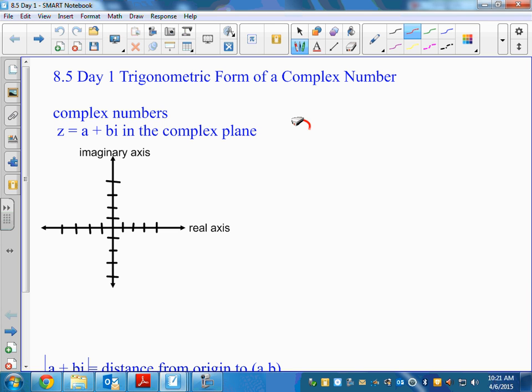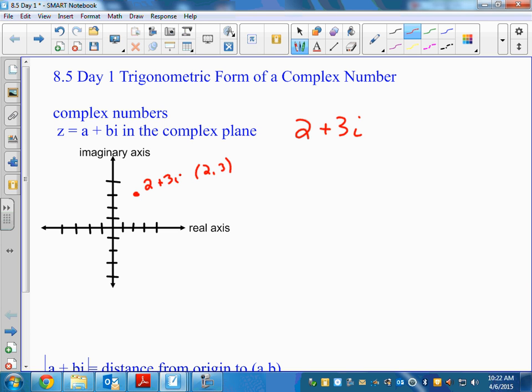Like, what if I wrote the number 2 plus 3i? Then the real part would be 2, and the imaginary part would be 3. So I could say I'm going to go 2 on the real axis and 3 on the imaginary axis, and that would be 2 plus 3i, or just the ordered pair (2, 3).